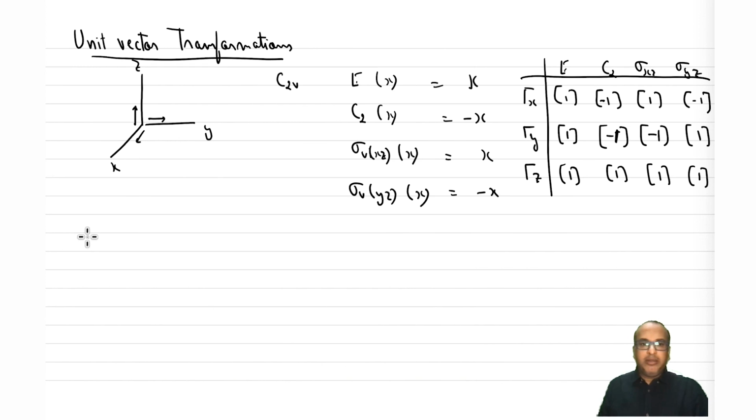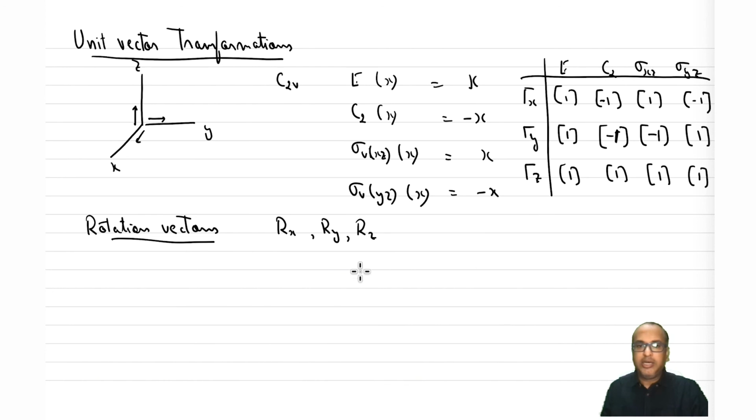So in a similar way, there are also rotation vectors, which can also be taken as the basis set. Rotation vectors are denoted as Rx, Ry, Rz, and what are these basically? If I take this XYZ, these are the rotations. So let's consider this as anti-clockwise rotation when I'm looking from the positive side of the x-axis towards the origin.